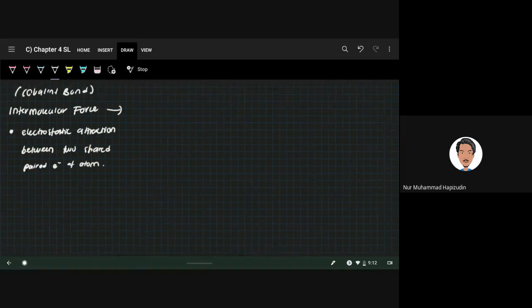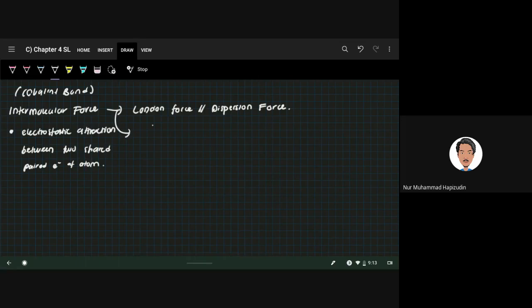So intermolecular force is divided into three. First we call it London force or dispersion force. Ada tiga saya bagi tahu dulu lah.